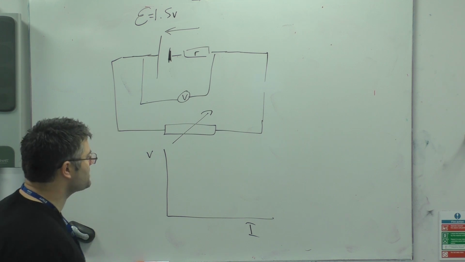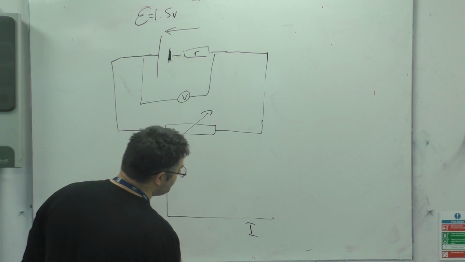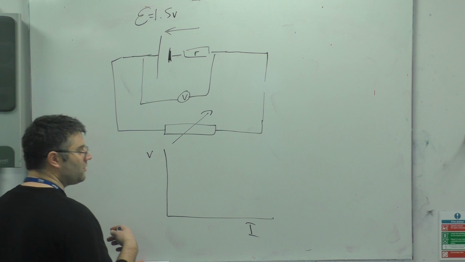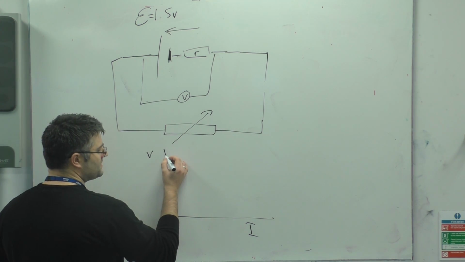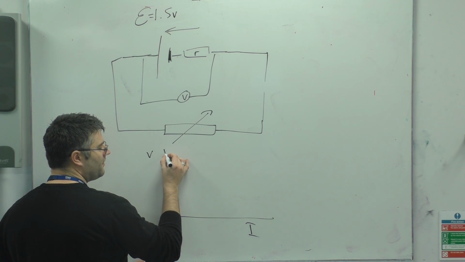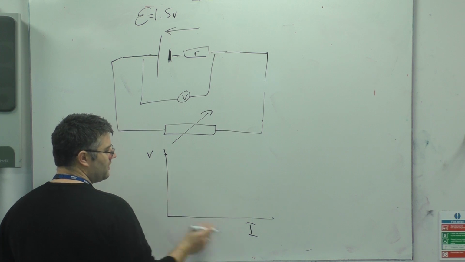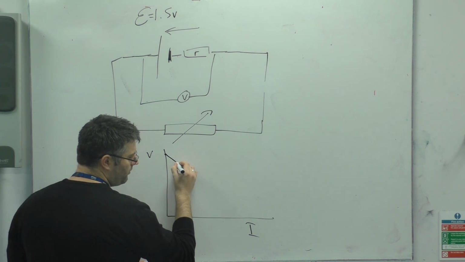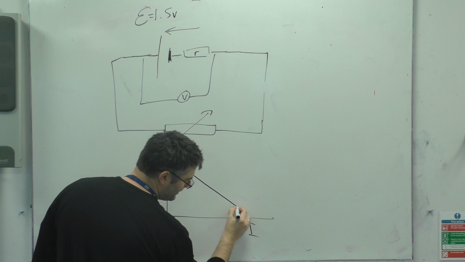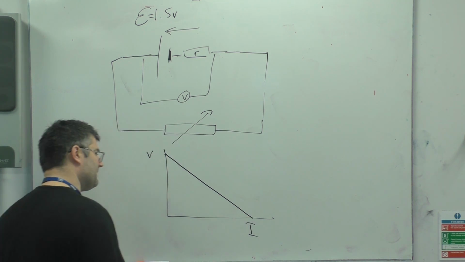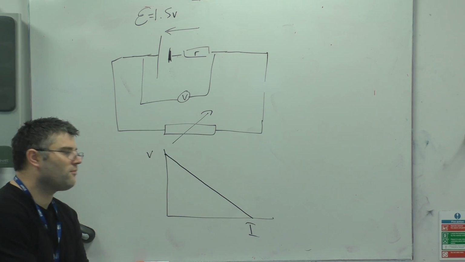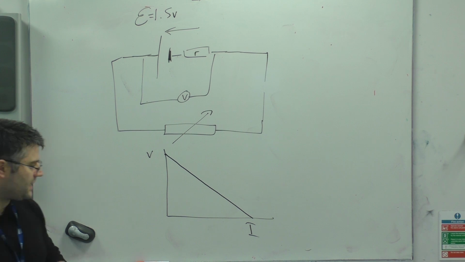So what we would expect to see, as I increase the resistance and drop the current, is that we start off with a nice high value, and we go all the way down like a straight line, just like that. Now, what can we find out from this graph?